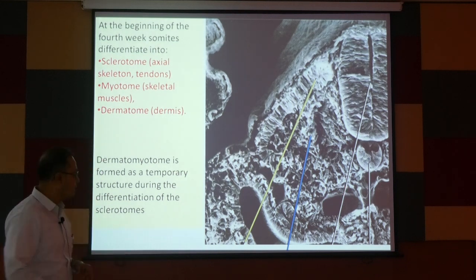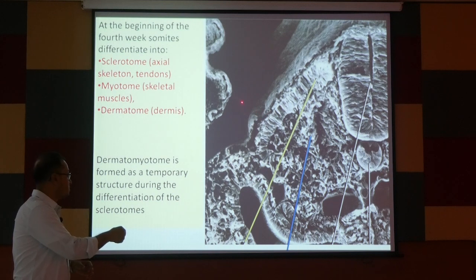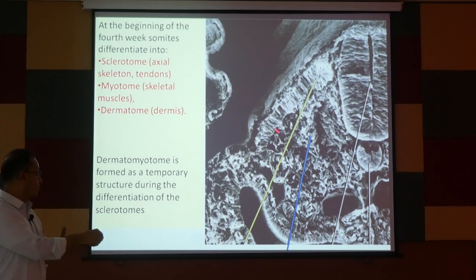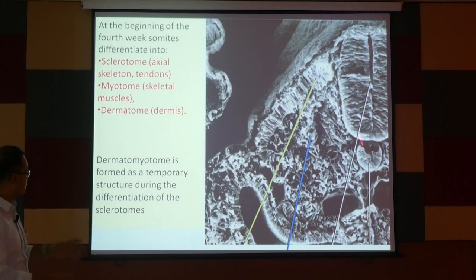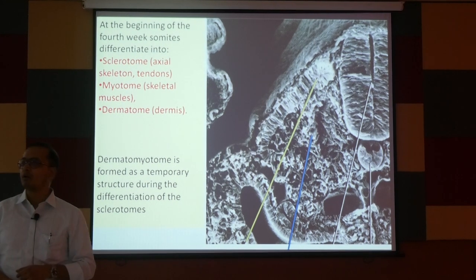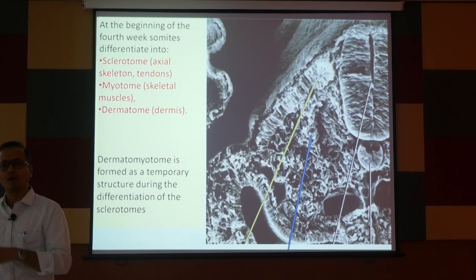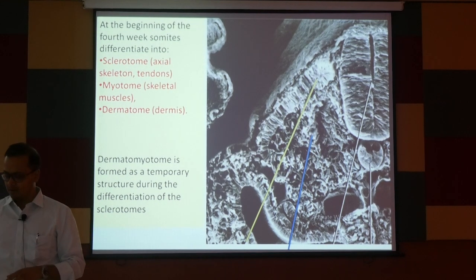If you split this somite block and cross it, we have close to midline and away from the midline. Close to the midline, we call them sclerotome. And away from the midline, we call them dermatomyotome, or in short, dermatome or myotome. So we have these two segmentations of the somite coming on.